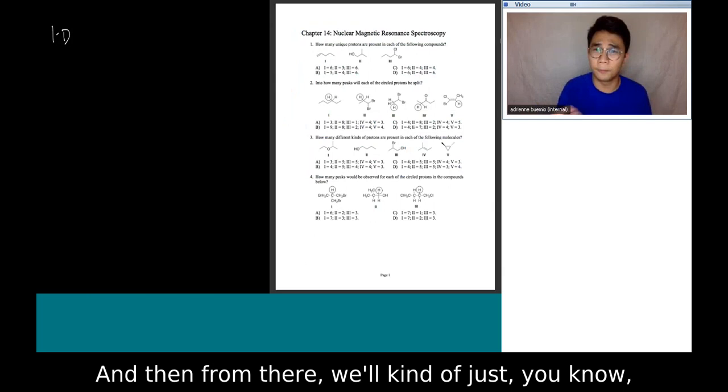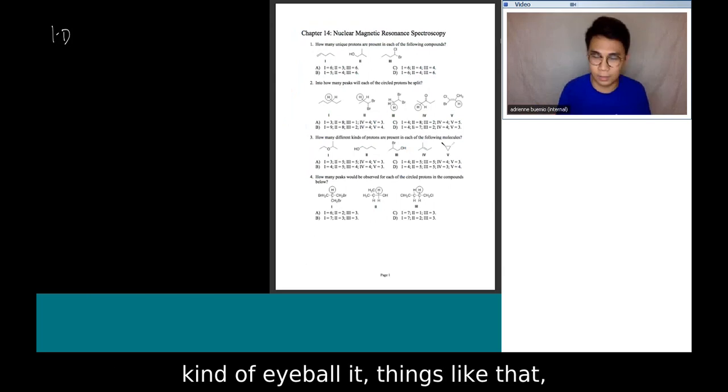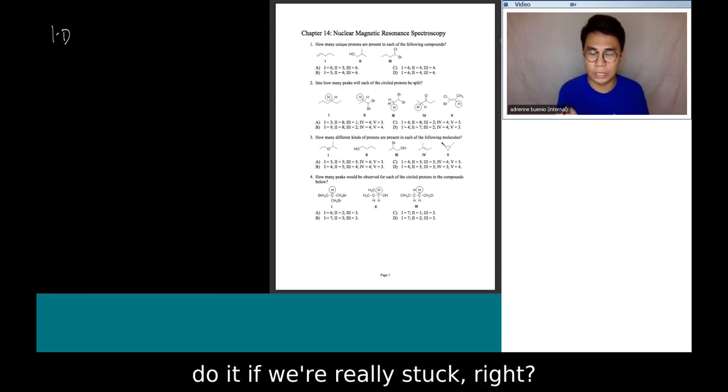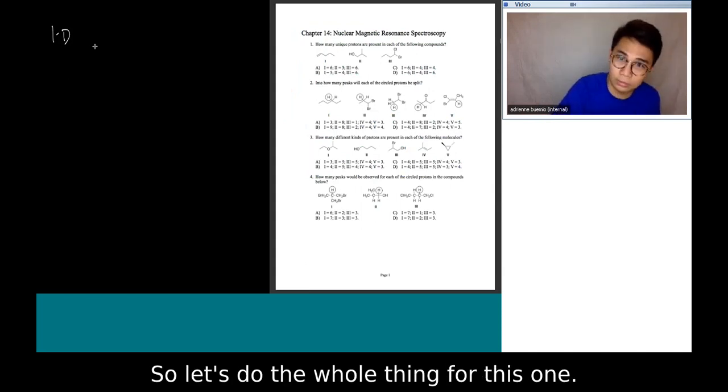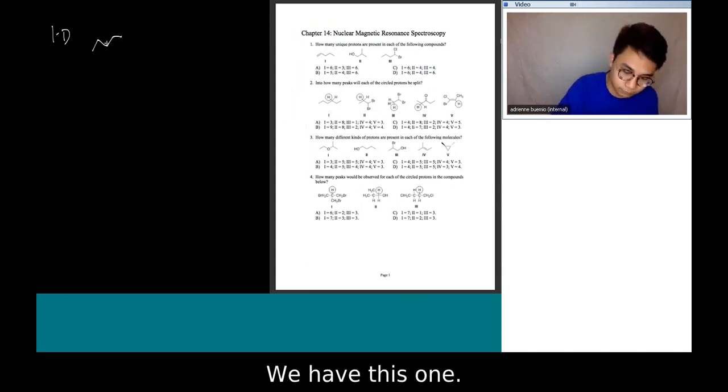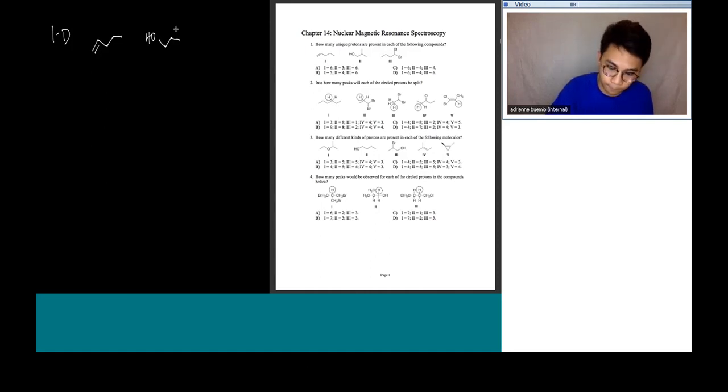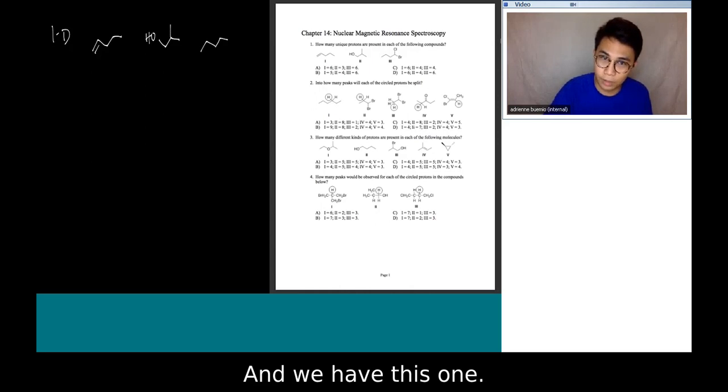And then from there, we'll kind of just eyeball it, and do the whole thing only if we're really stuck, right? So let's do the whole thing for this one. We have this one, this one, and this one.